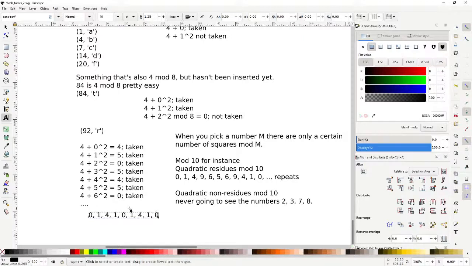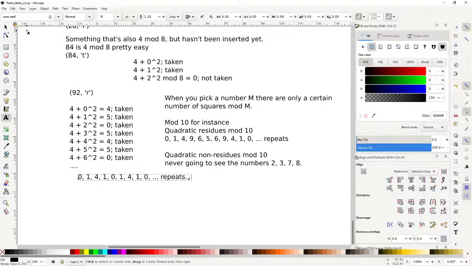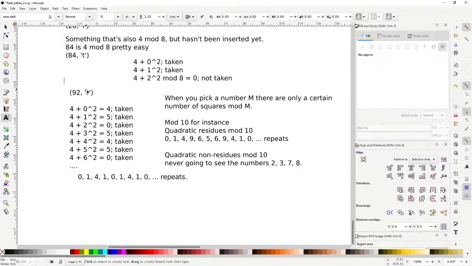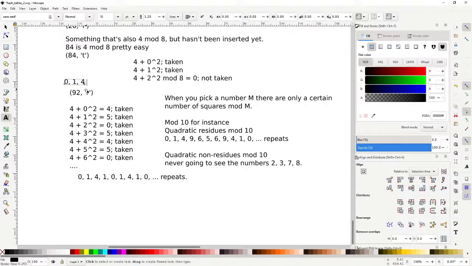And then 8 squared is 0, and so this repeats. So we see that the numbers 0, 1, and 4 are quadratic residues. And basically, 2, 3, 5, 6, and 7 are non-residues.